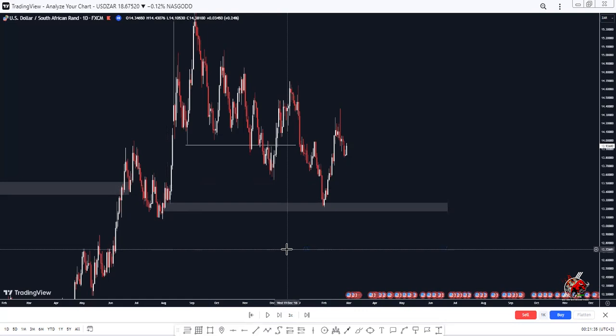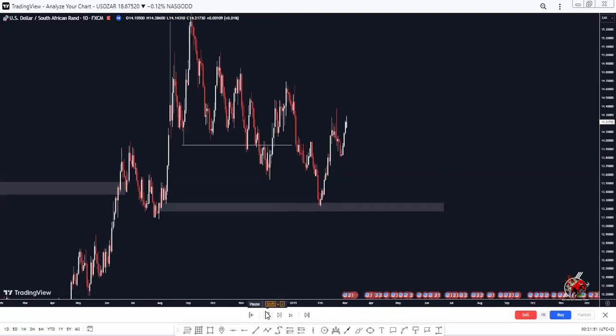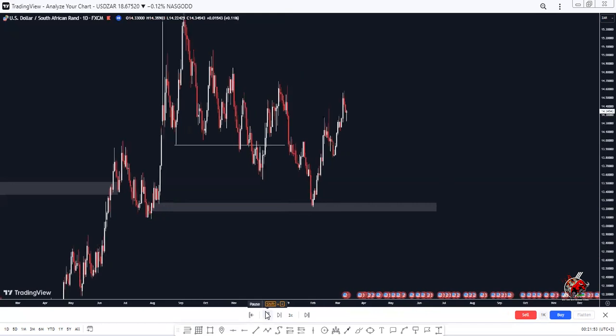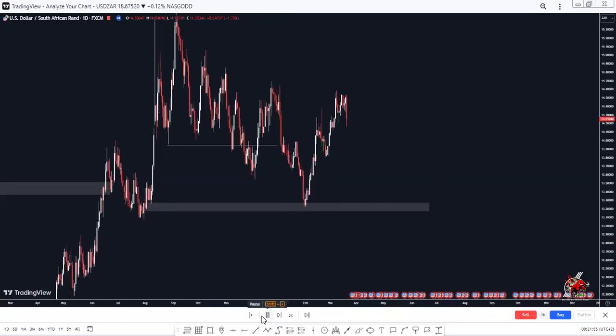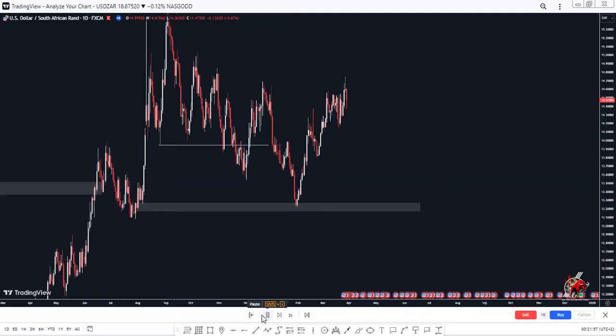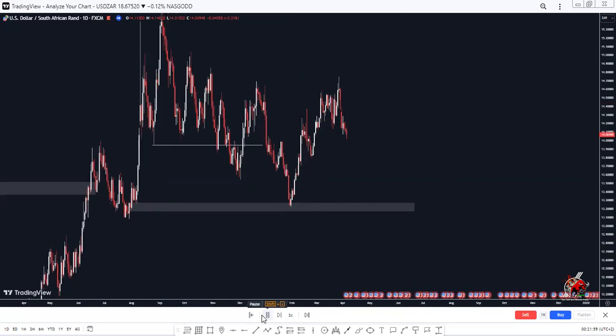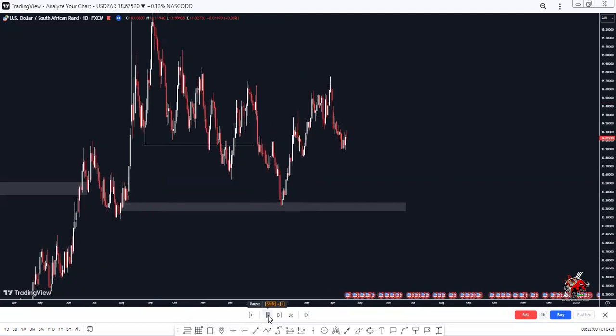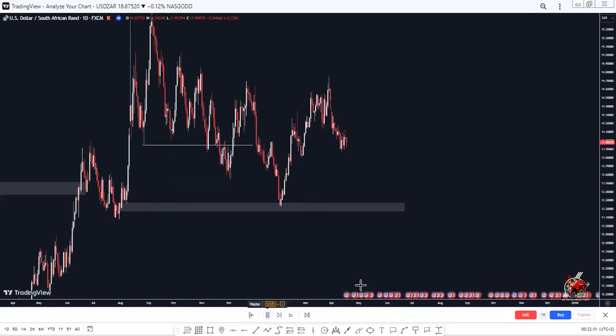I'm showing you how to spot changes of character and breaks of structure and trade with the trend. So yeah, that's how it works.